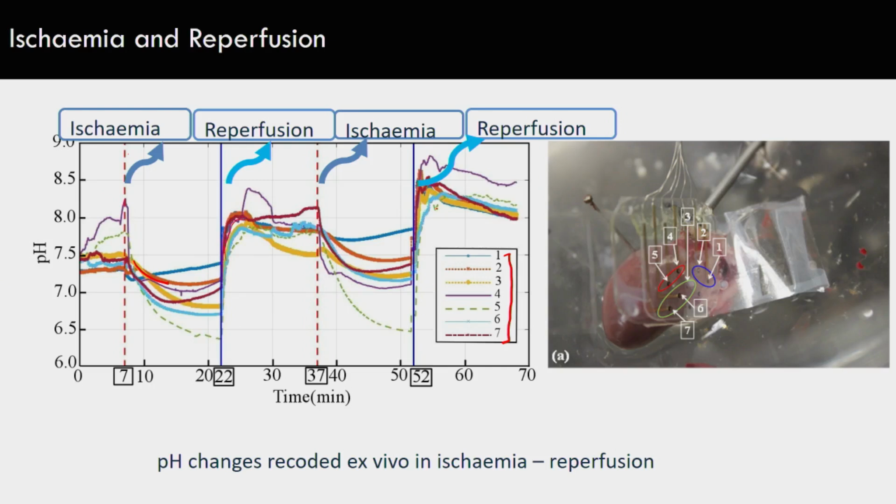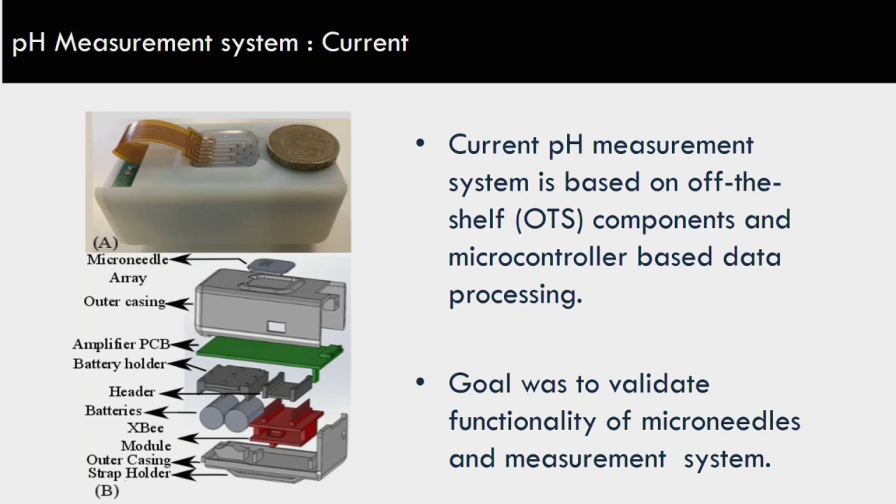In this way, it tells us that you can reliably monitor the pH in tissues. That was the objective of the study. You see that there is a little bit of drift also. Even after drift removal, slight drift is still present, so it's very hard to remove the OCP drift. If you are calculating the absolute value, you have to be very careful about the drift.